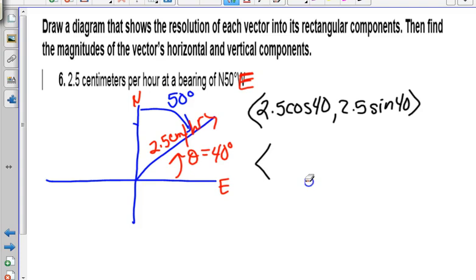It kind of is an ordered pair, but they want you to know that we're talking about vectors. I got 1.92 and 1.61, you can just do 1.9 and 1.6. I don't care. It doesn't say. Okay. By breaking things down into components, then we're going to be able to add them. That's where we're going next.